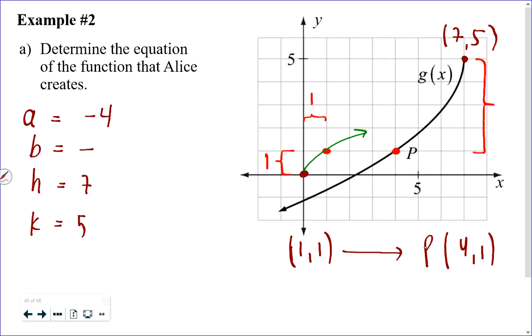But when she looks at the horizontal distance between them here, the horizontal distance is 3. So to get this point, which is labeled P, at its location, it involved a vertical reflection, a vertical stretch by a factor of 4. It involved a horizontal reflection and a horizontal stretch by a factor of 3, which puts b at negative 1/3.